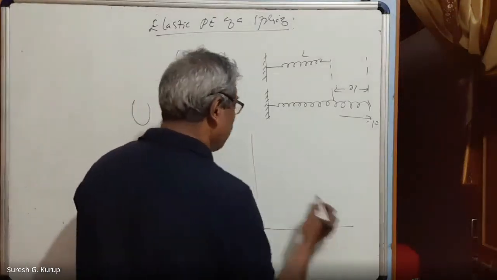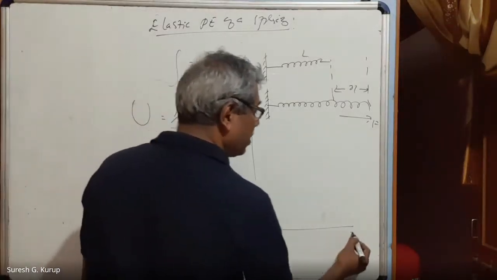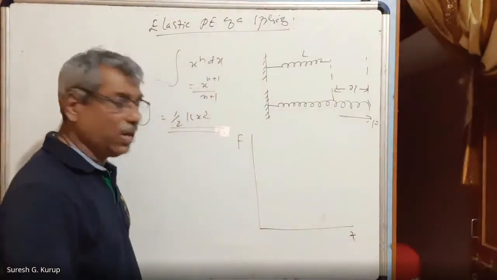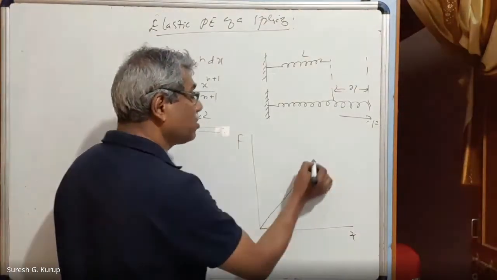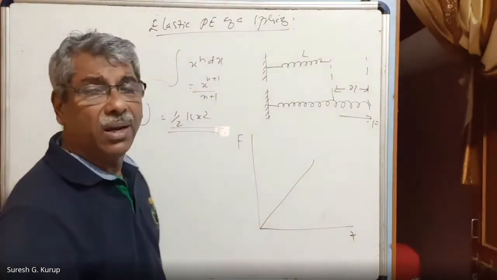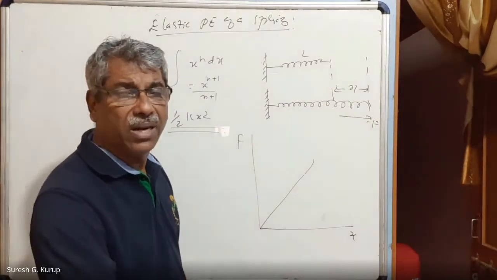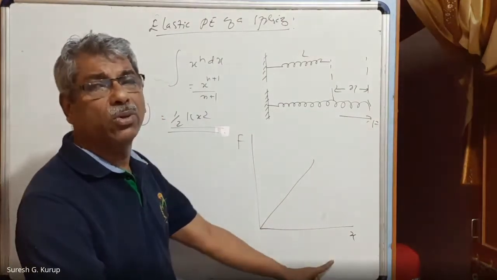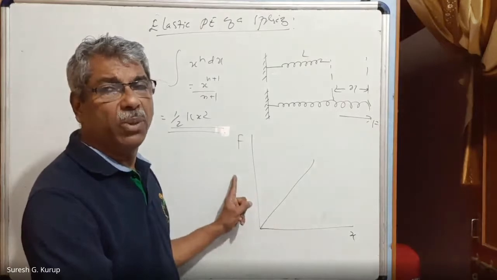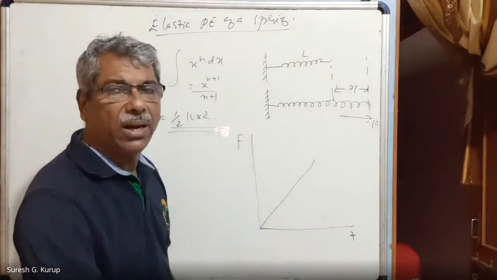The force is along the y-axis and extension along the x-axis. When the graph is made, it will be a straight line. For all elastic bodies, this is the condition, because F is directly proportional to x. So the graph between F and x will be a straight line like this.